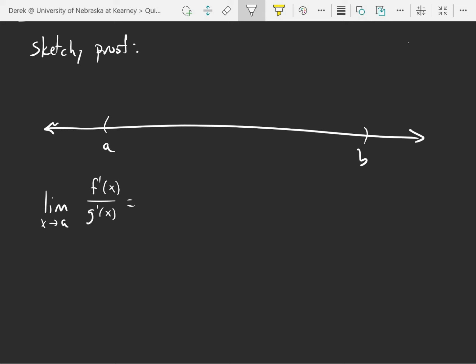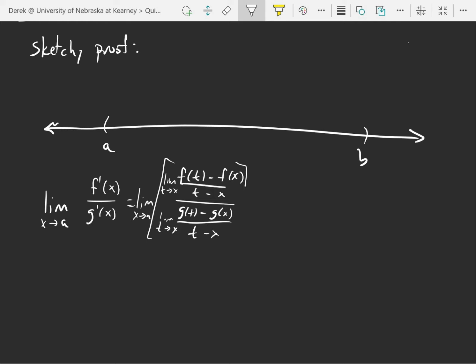Well, this is sort of the limit of f of t minus f of x over t minus x, over g of t minus g of x over t minus x, and these are limits as t approaches x, and this is a limit as x approaches a. So I got sort of this big mess of stuff going on.